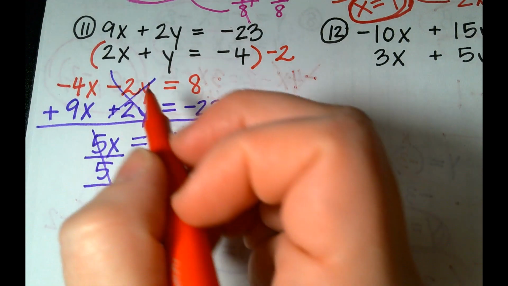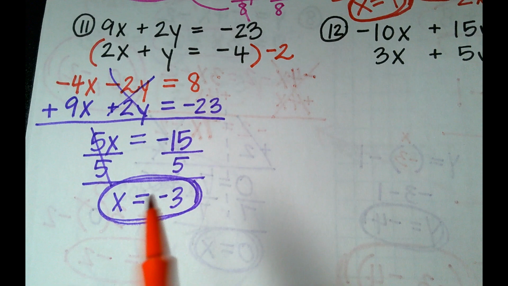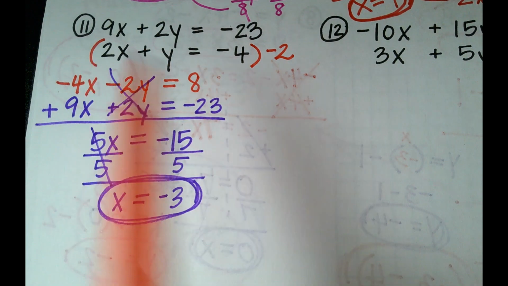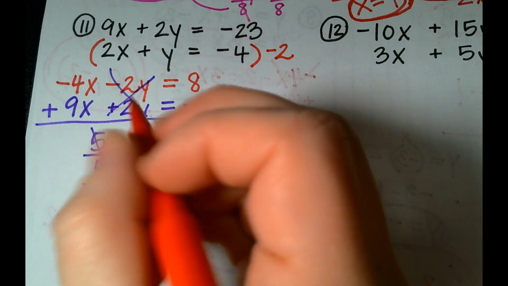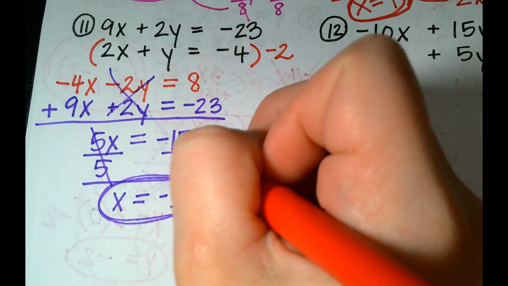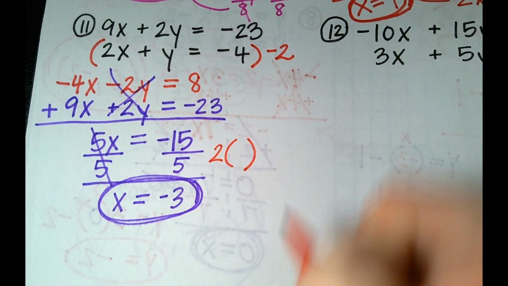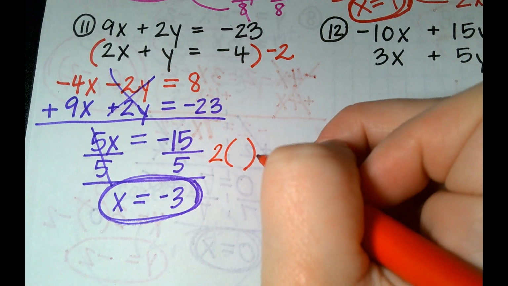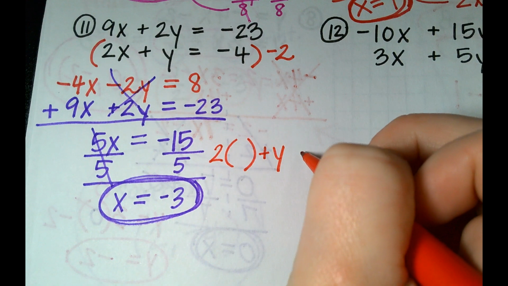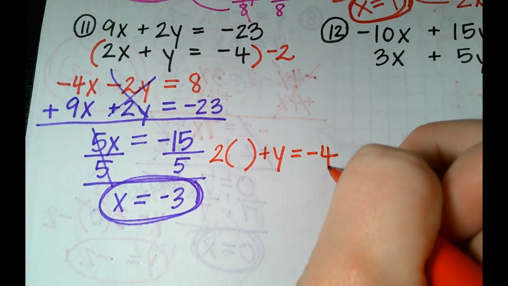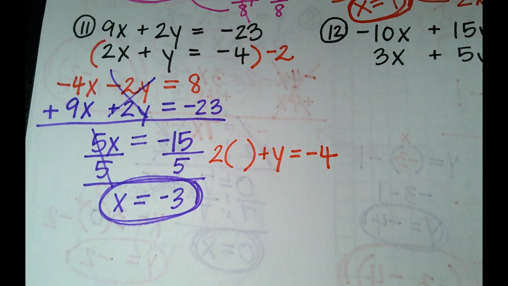So we're plugging in our x value. Make sure we put -3 for x, not for y. 2x, leave a blank, plus y equals -4. And -3 is my x.